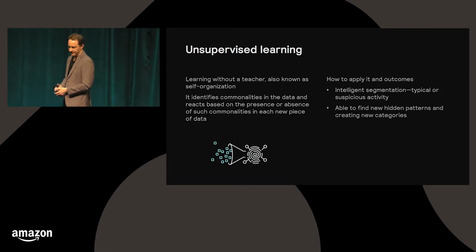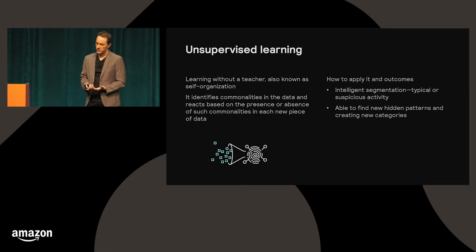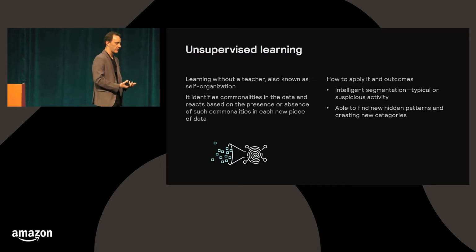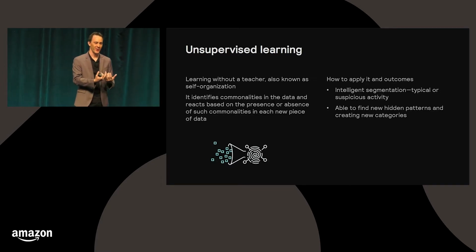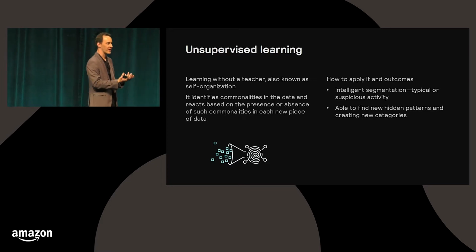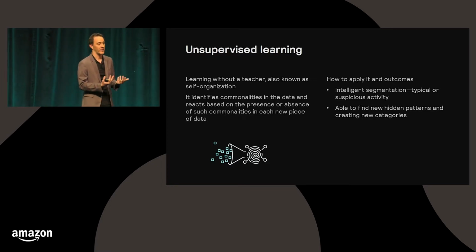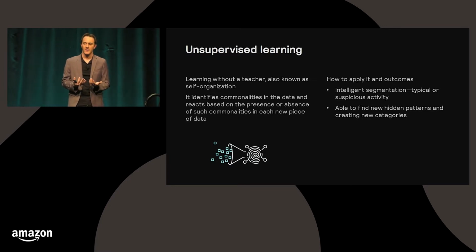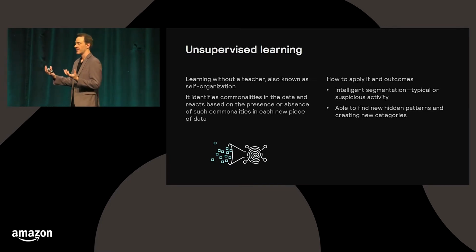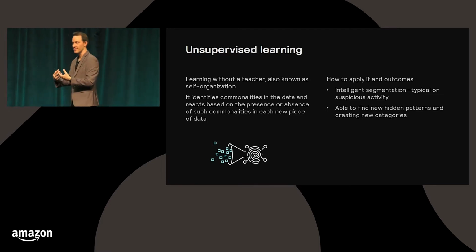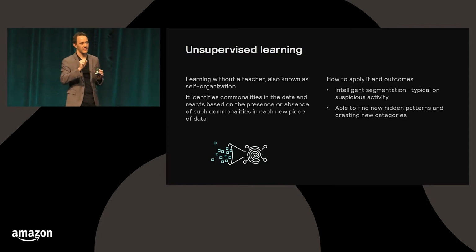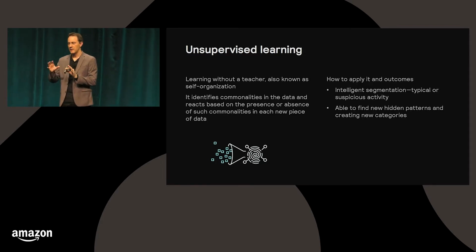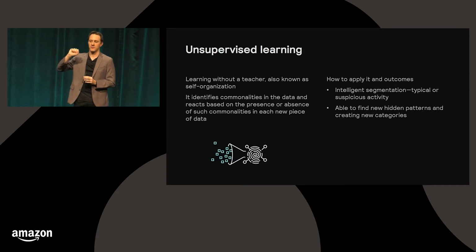Another application is that it could be used to identify hidden patterns. Since these models are not being trained by a human, not being told which categories to look for, they can identify new categories or new segmentations, or combine different categories and different segmentations into new ones. One example, it could create a category looking into a segment which is entities that engage in large wire credit transactions.